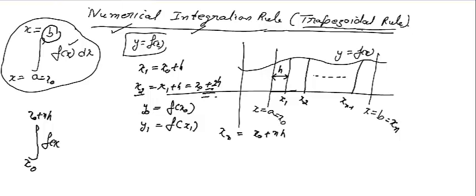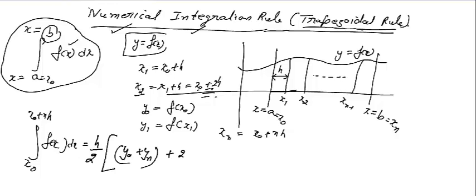The formula will become: the integral is approximately h by 2 times [y naught plus yn plus 2 times (y1 plus y2 and so on up to yn minus 1)]. So you must keep this in your mind.